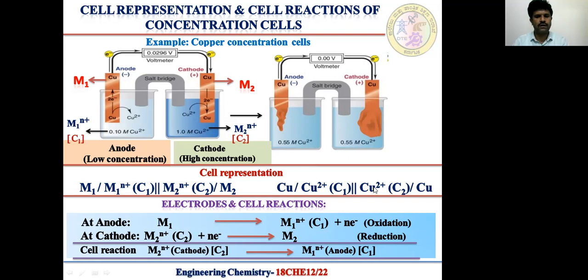So for the copper concentration cell, Cu2+ of concentration C2 at the cathode gives rise to Cu2+ of concentration C1 at the anode. So this is about the cell representation and electrodes and cell reactions of concentration cells. Here, we should not forget to mention the concentration, otherwise there is no meaning for these reactions.